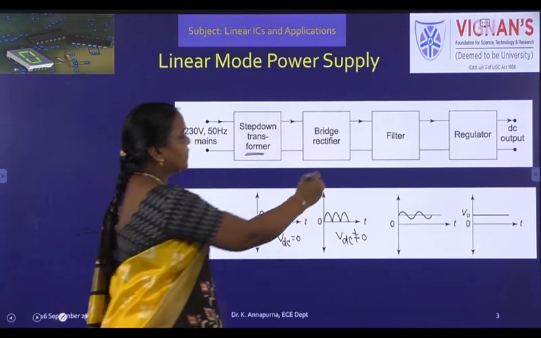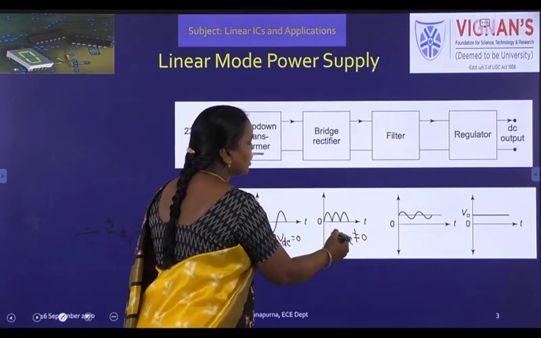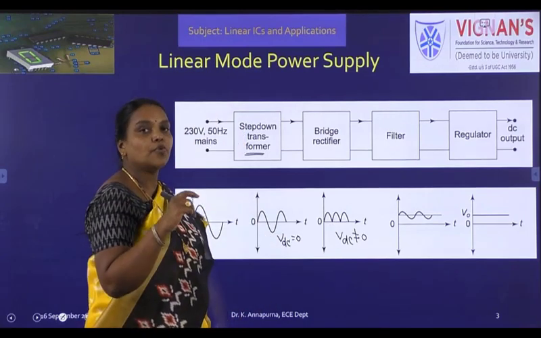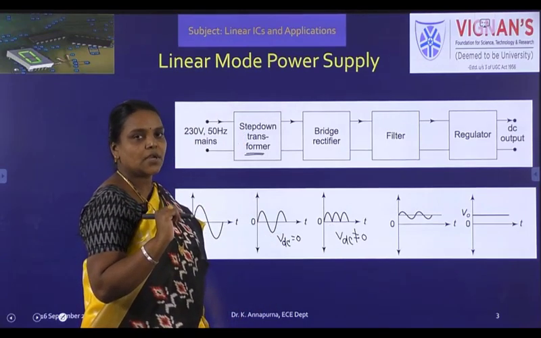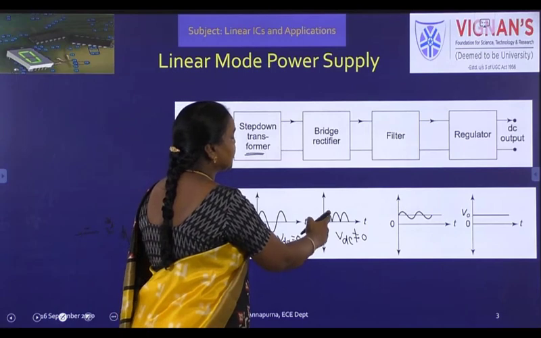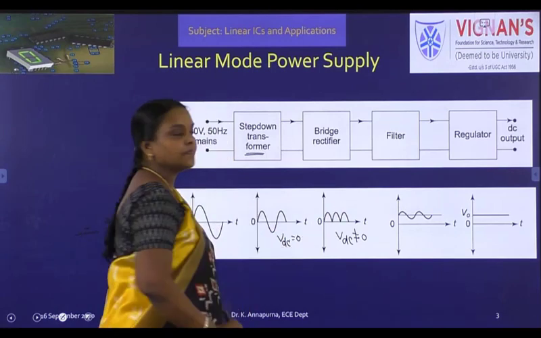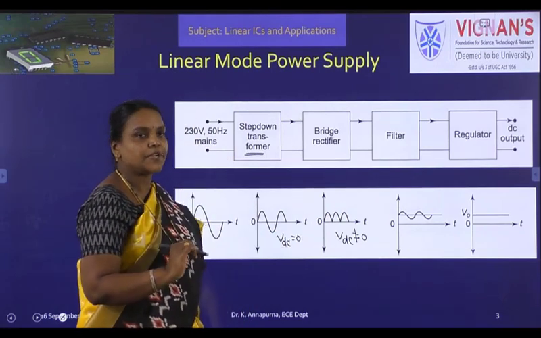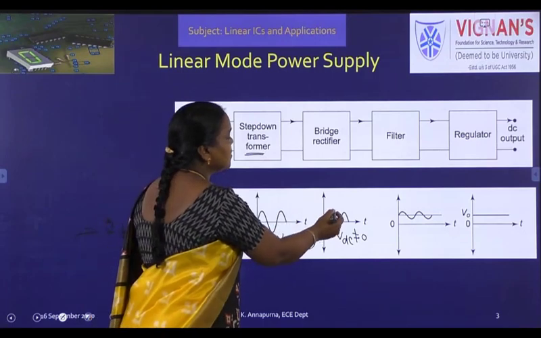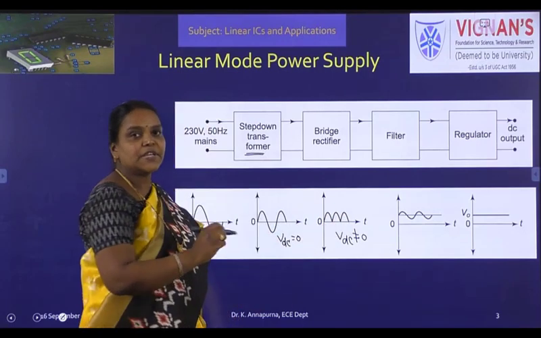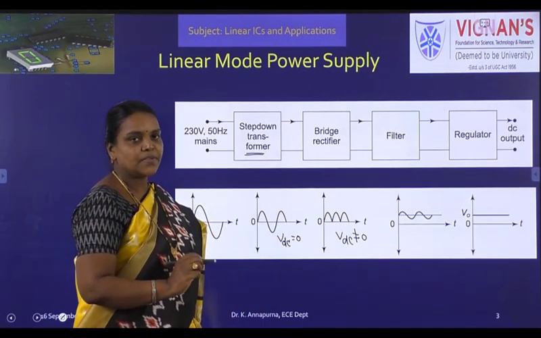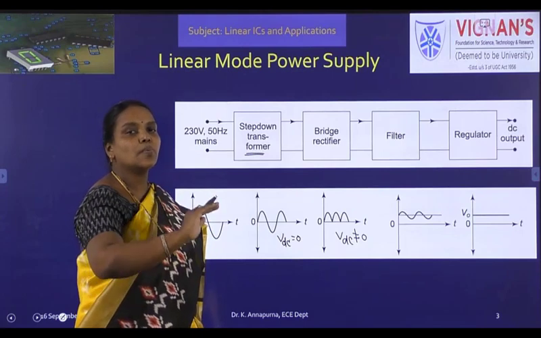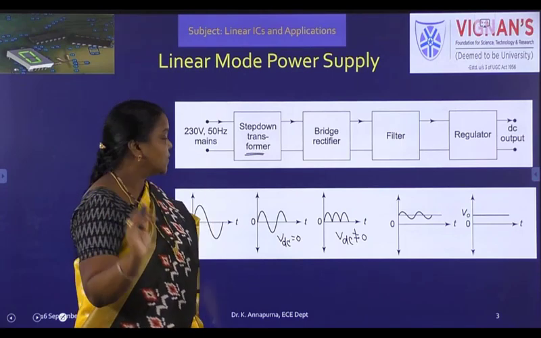Next, the filter. The output of the rectifier has both AC and DC. The AC part is continuously varying with respect to time, and it has an average value, that is the DC value, but our objective is to make it completely DC.